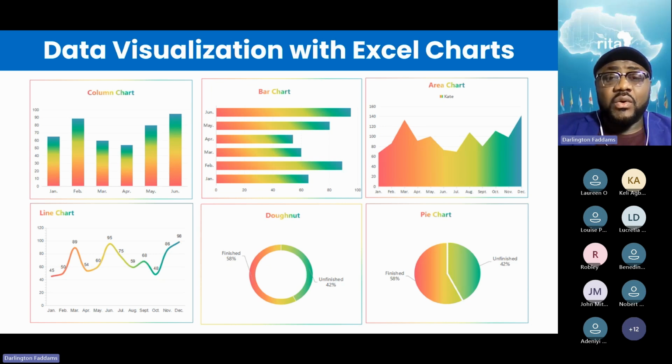I want us to take a good look at these charts. Now, the first chart here is called a column chart. This is the name of this chart, and this is how it looks. Then the second one is called a bar chart.